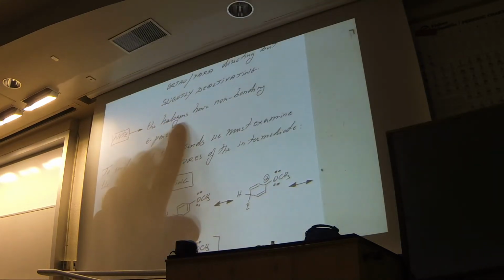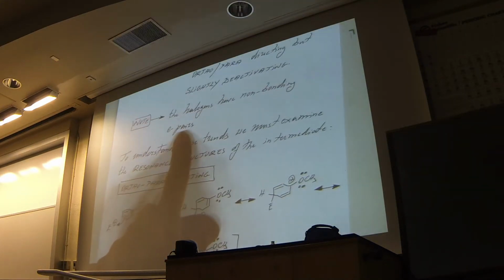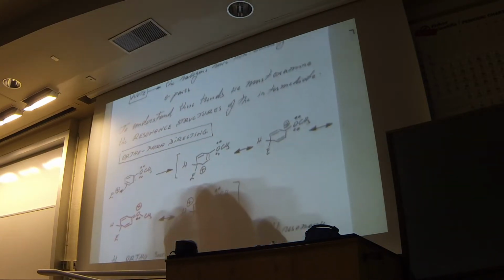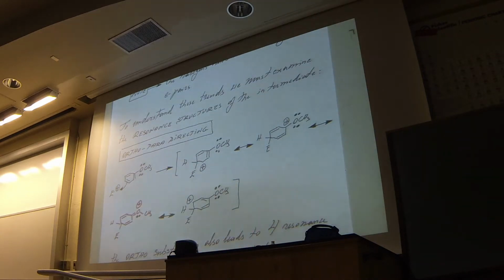So know that all the halogens have non-bonding electron pairs, and it's because of what I showed. Now, to understand these trends, to understand why electron donators are ortho-para-directing and activating, and why meta-directors are deactivating, we need to show the resonance structures for all of the intermediates, okay?